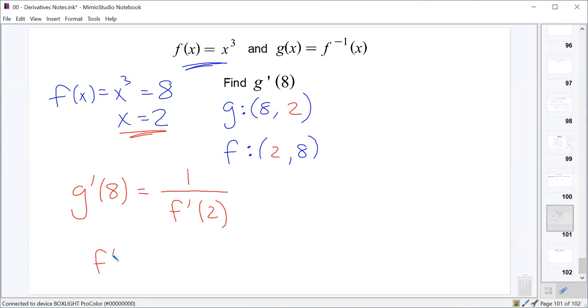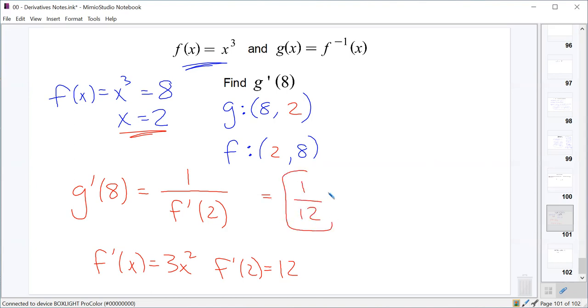Well, find f prime of x really easily by taking the derivative with the power rule. f prime is 3x squared, and f prime of 2 is 3 times 2 squared, or 3 times 4, 12. So g prime of 8 is 1/12. And we did it without actually finding the inverse function.